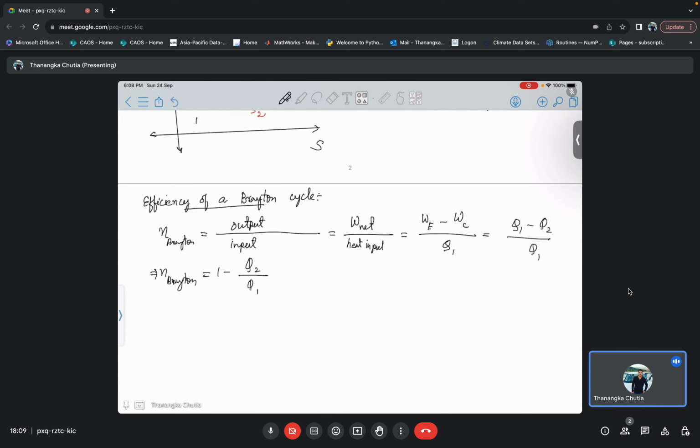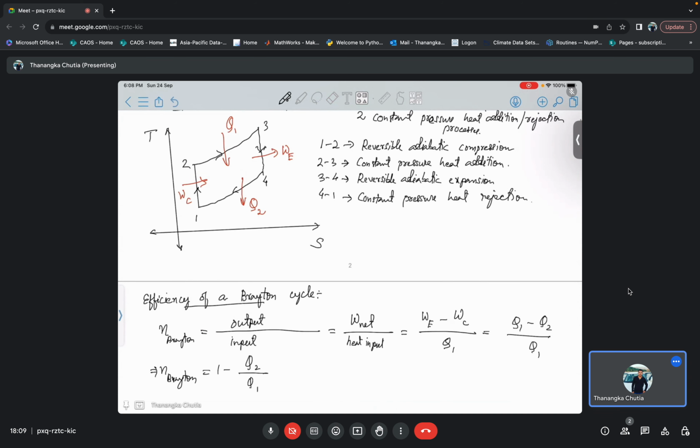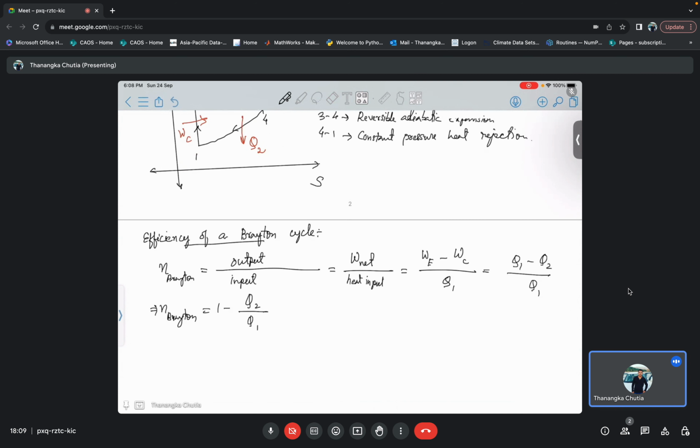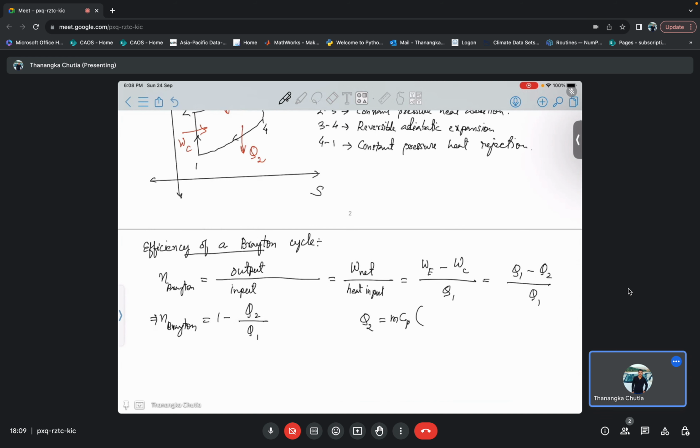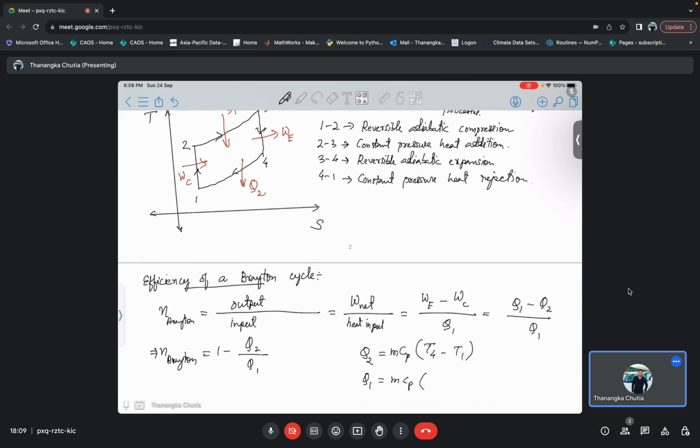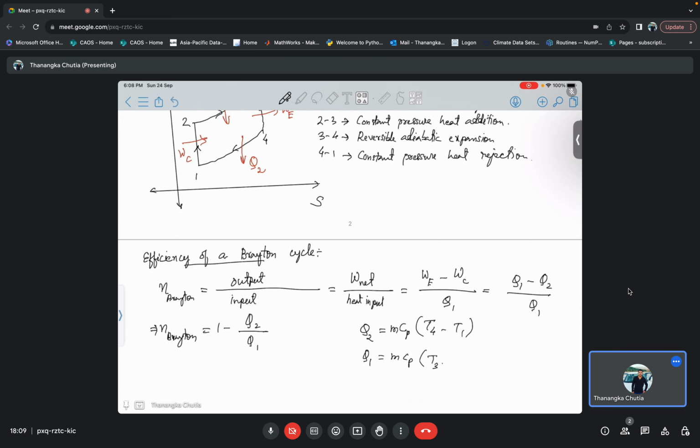Now remember, Q2 is a constant pressure heat rejection, so per unit mass I can write Q2 as M Cp (T4 minus T1), and Q1 I can write as M Cp (T3 minus T2). Why? Because these processes are constant pressure processes.